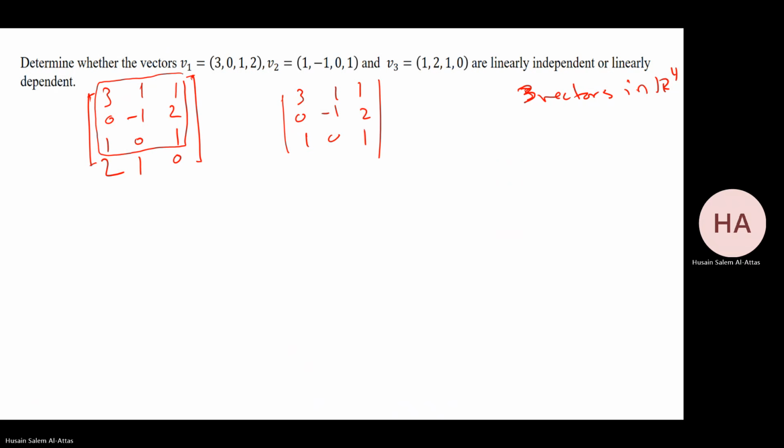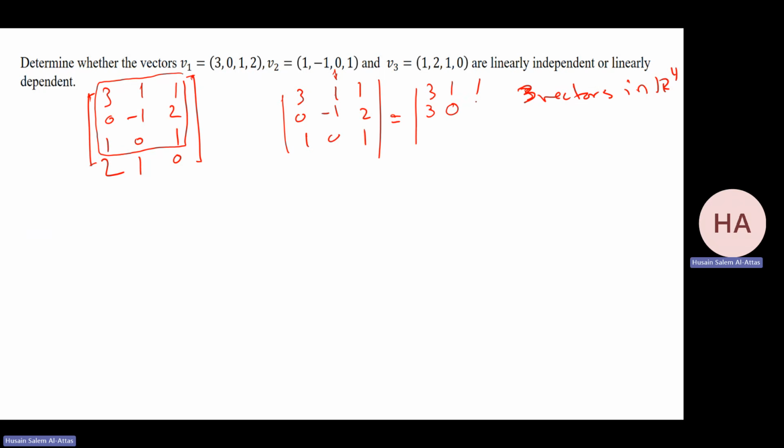I can deal with the second column. Multiply by 1 and add. That gives me, you need to find the determinant your way, 1, 1. I multiply by 1 and add. That will be 3. By 1 and add, that makes it 0.